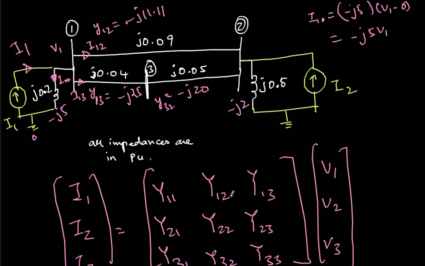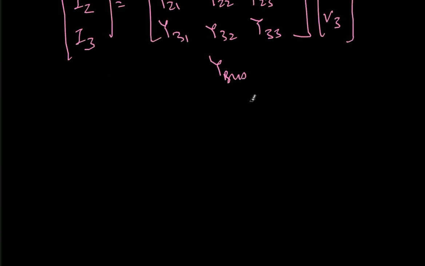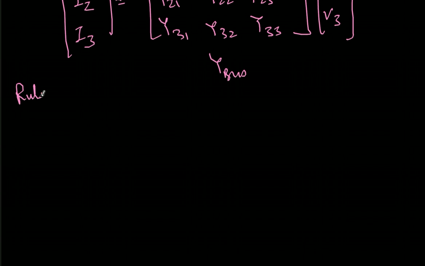So that element will come here, and so on. So the only adjustment that we'll have to do will be in the diagonal element, where this thing is there. So let me now suggest rule 3. Already rule 1 and rule 2 we had given. So rule 3 is for shunt elements.